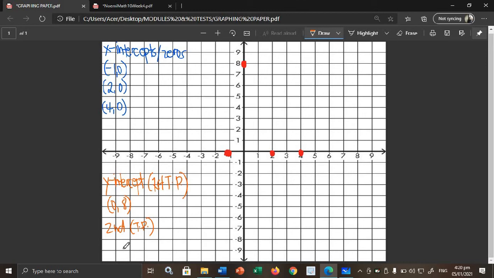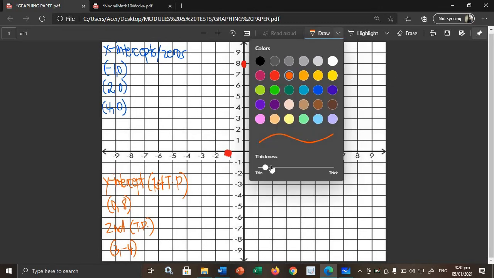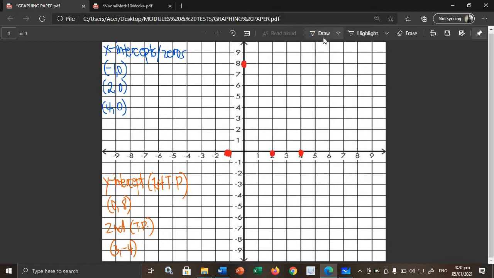Which is 3 and negative 4. So, i-graph natin siya. Or ipa-plot natin siya. So, pag pinlat natin si 3 and negative 4, it should be in this area. Okay? 3 and negative 4.